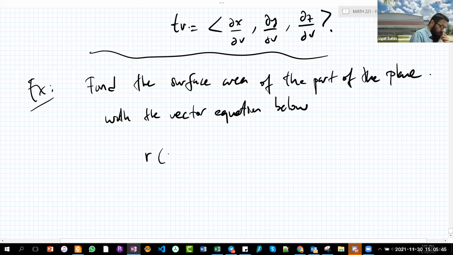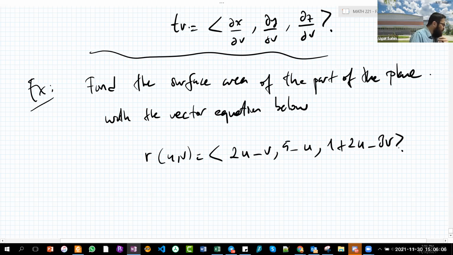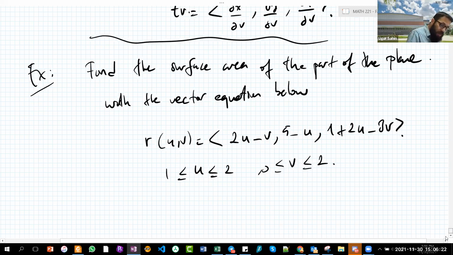So the vector equation is this one: ⟨2u - v, 5 - u, 1 + 2u - 3v⟩. u is between 1 and 2, and v is between 0 and 2. All right, what am I going to do?